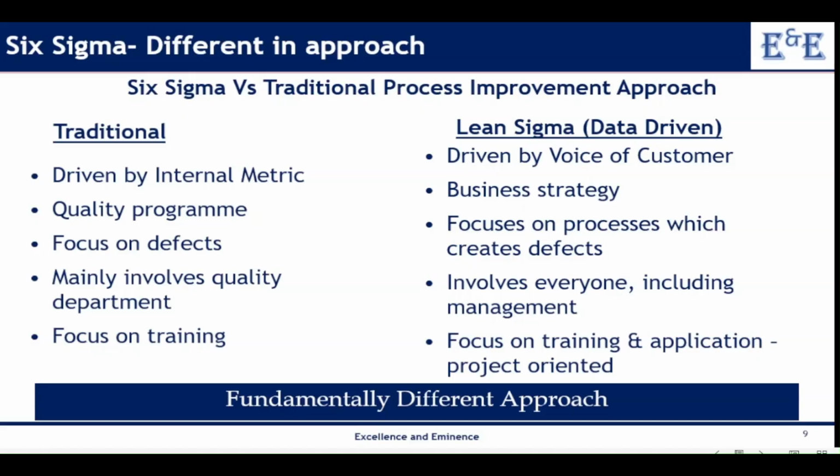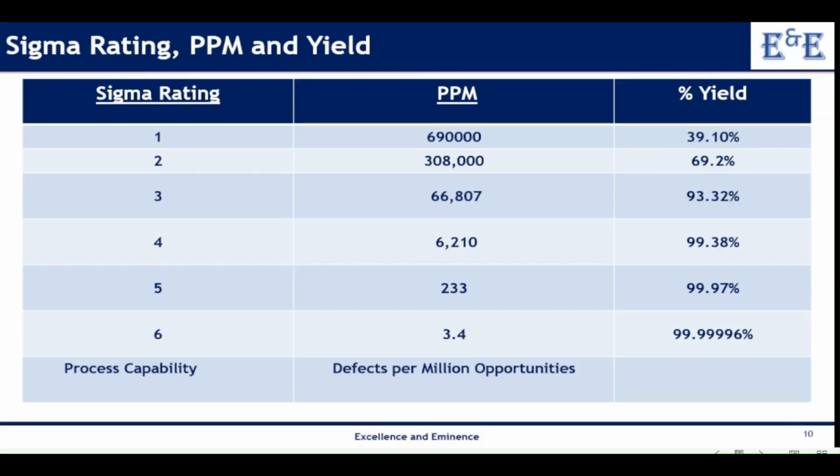And in a traditional approach, it's a quality functions program, and Lean Six Sigma is a business strategy. Traditional methods focus on defects, and Six Sigma focuses on the process which creates defects. Finally, the focus on training: in traditional methods, it moves to training along with application, with a project oriented approach and validation. Fundamental thing is validation, right?